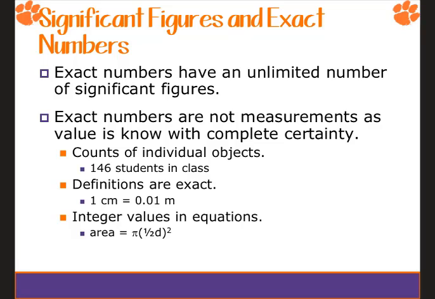So that number does not have significant figures assigned to it. Definitions are also said to be exact. So we know that 1 centimeter is 0.01 meters. Again, that's something that we know to be exact. And then integer values as found in equations also fall into this exact number category.